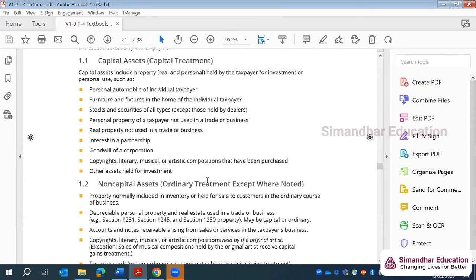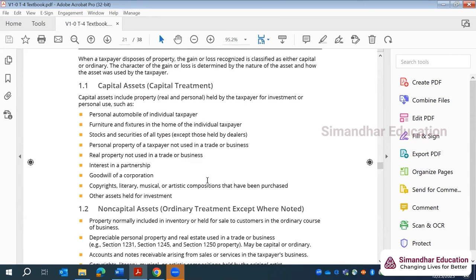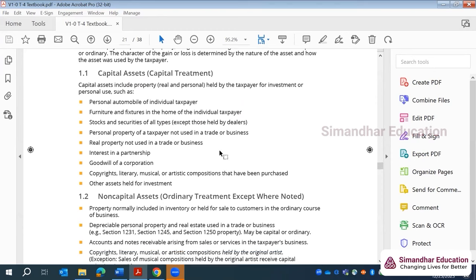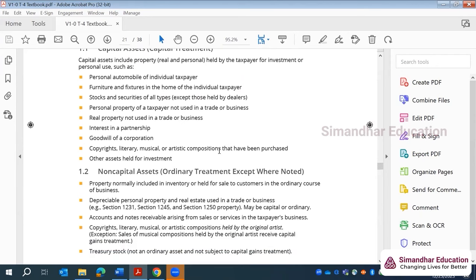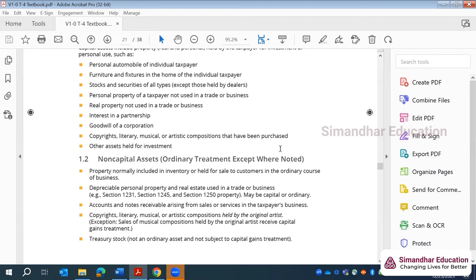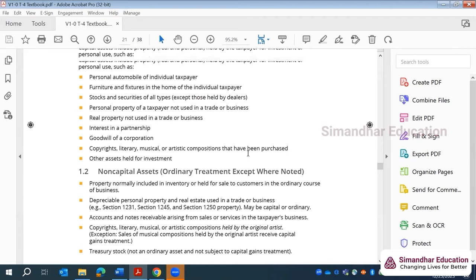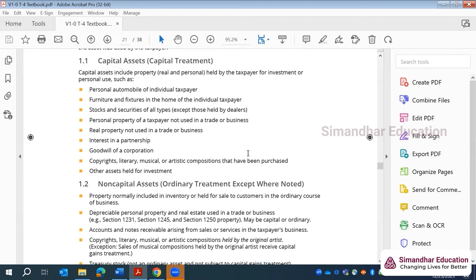Okay, so whether the asset gets capital or ordinary treatment will basically depend upon the usage of the property. Depending upon the usage, you will characterize it as a capital asset or as an ordinary asset.